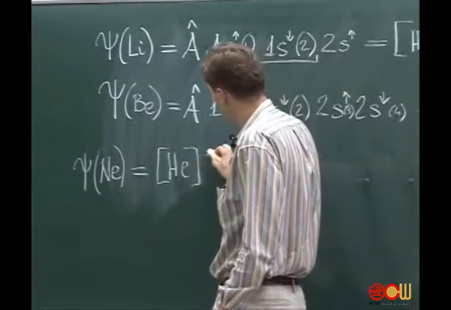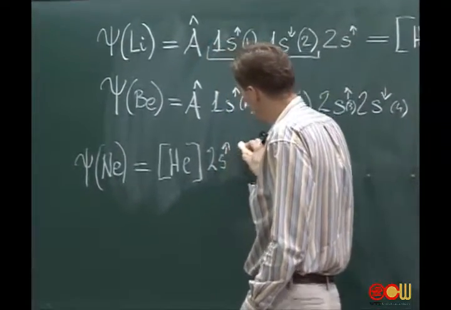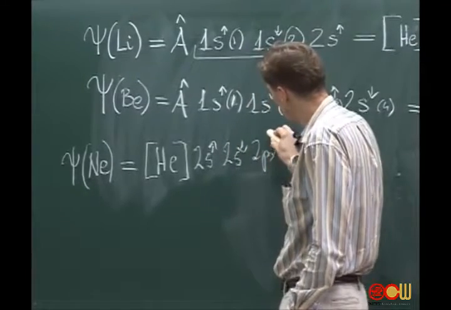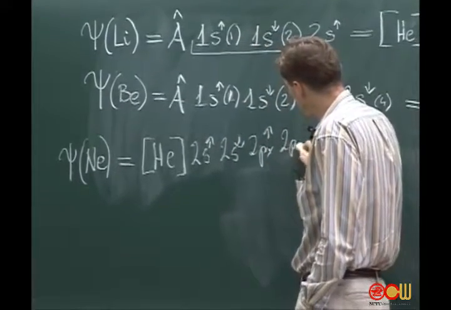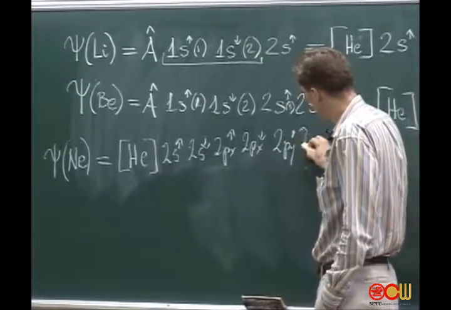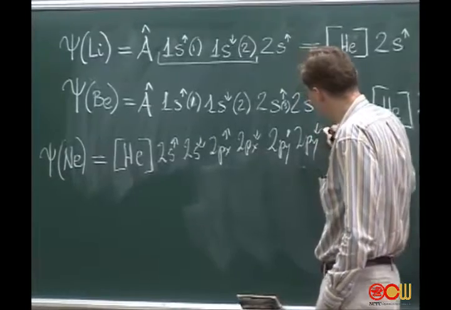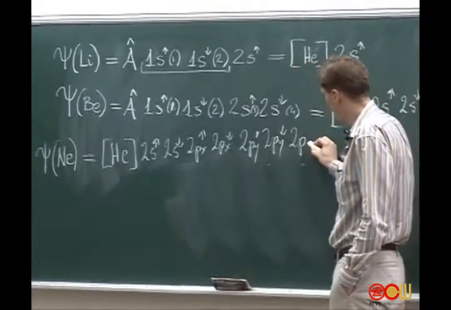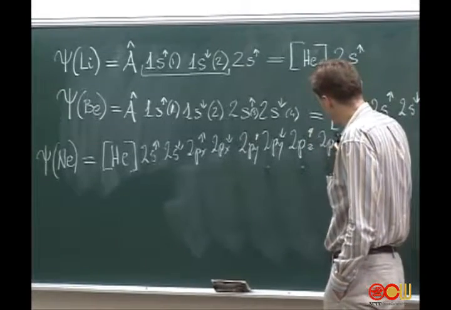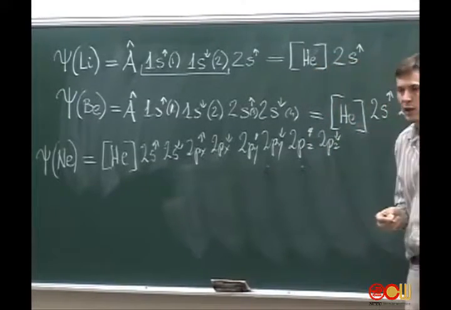Then I'm writing 2s up, 2s down, 2px up, 2px down, 2py up, 2py down, 2pz up, and 2pz down.